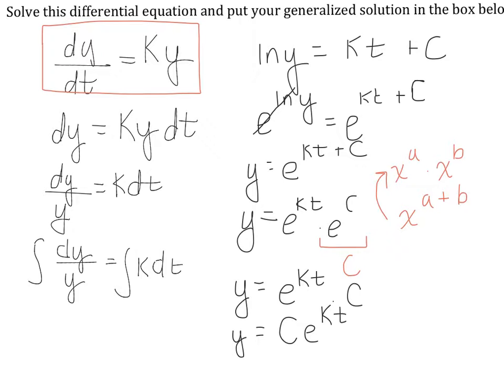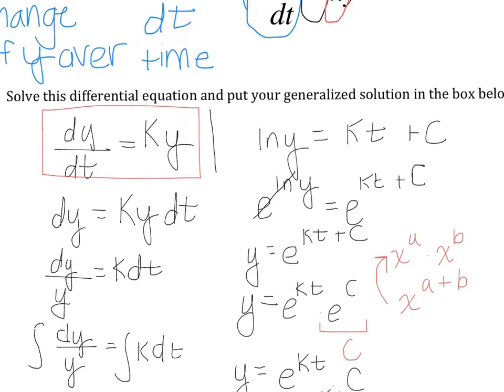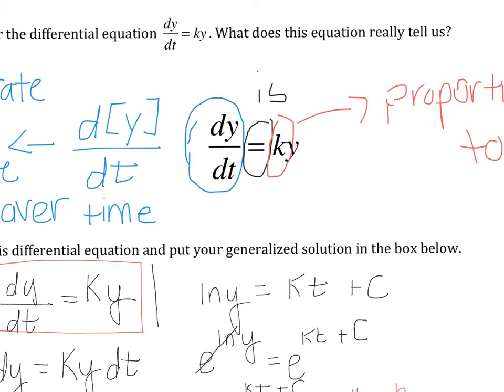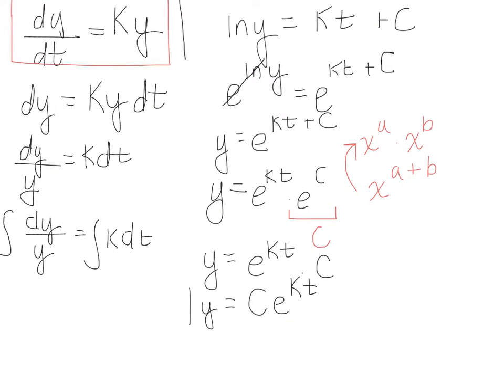Now, you can go through this process every time and solve this differential equation to arrive at this solution. Or you could just remember that anytime you have a situation in which the rate of growth is proportional to the amount present, your solution is going to be of this format.